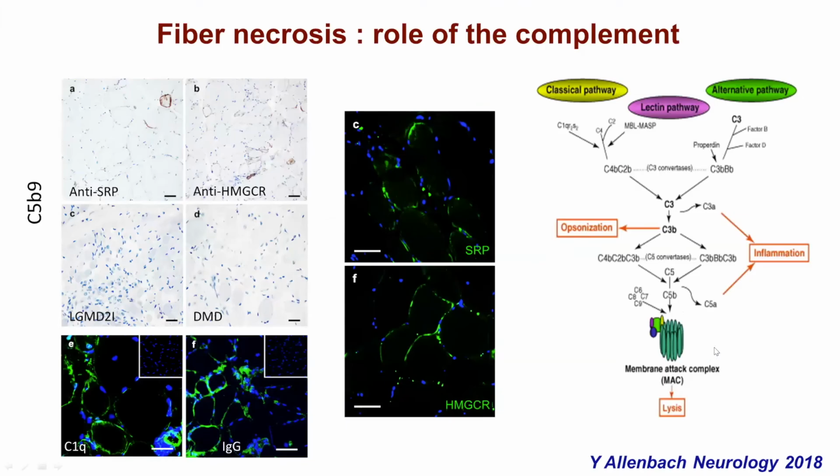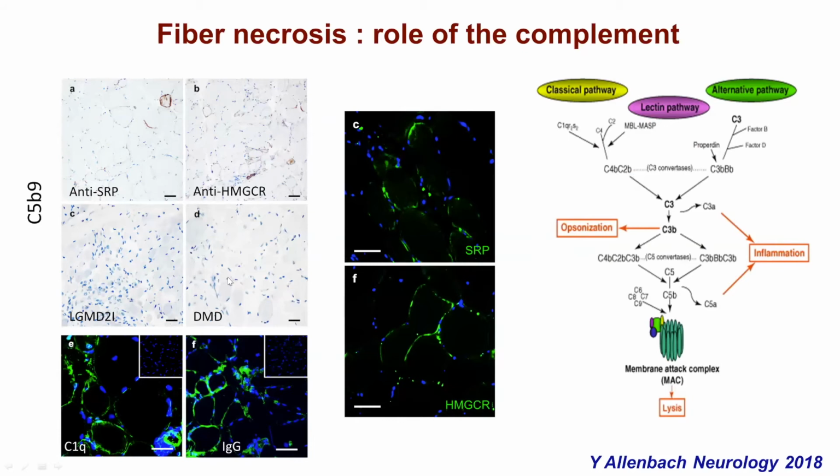Then you can see some deposits of C5b9. C5b9 is the membrane attack complex of the complement, decorating some muscle fibers, as you can observe here. And that's not the case in limb-girdle muscular dystrophy, where you can also observe a lot of necrotic fibers.